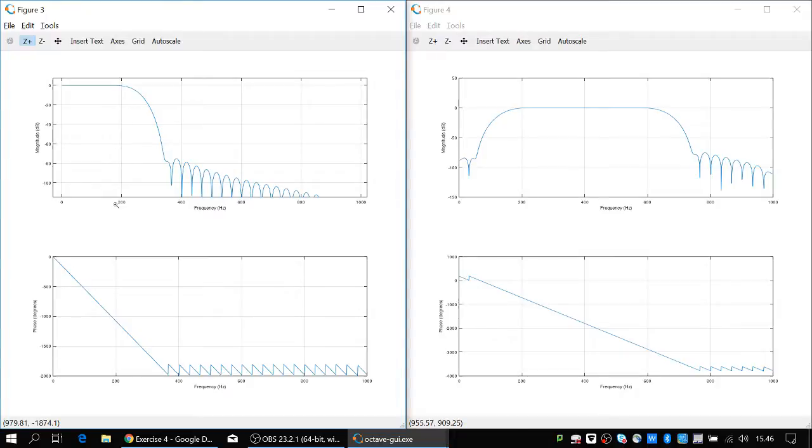So the bandwidth is now 500 hertz. The low pass filter bandwidth was 250, which is also the cutoff rate. Okay, good.